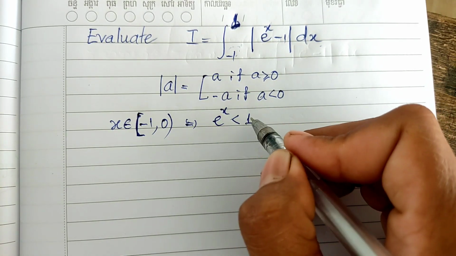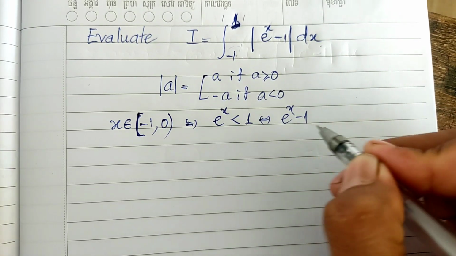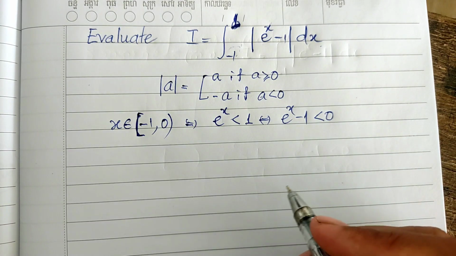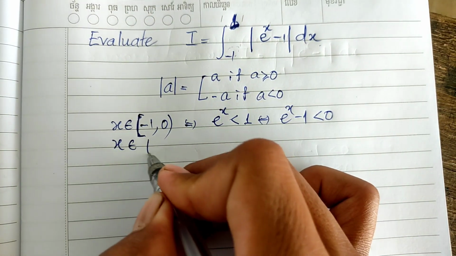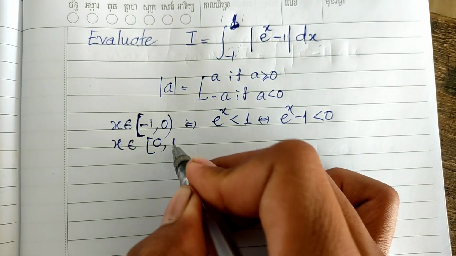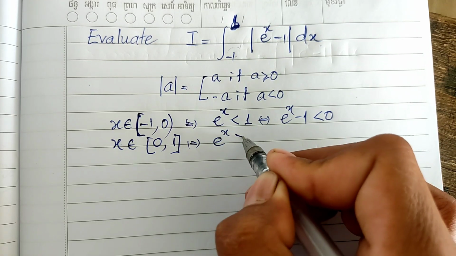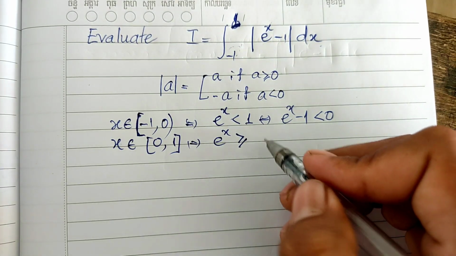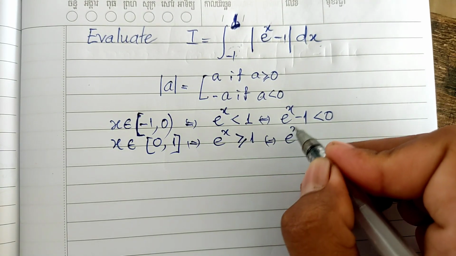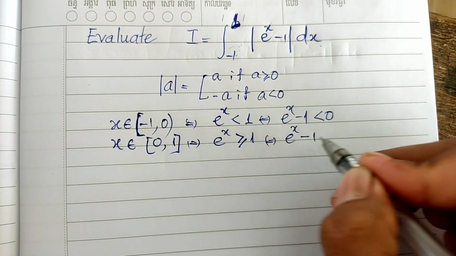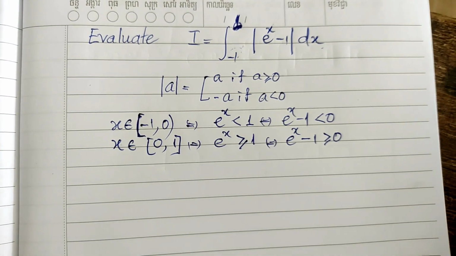So if I move 1 from the right side to the left-hand side, I get e^h minus 1 is negative. And if h is in the interval from 0 to 1, we get e^h bigger than or equal to 1. So we get e^h minus 1 is positive or equal to 0.